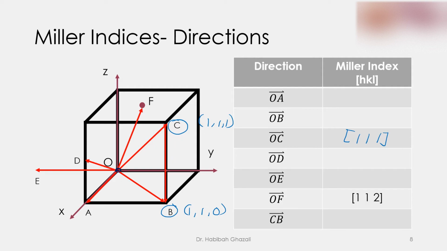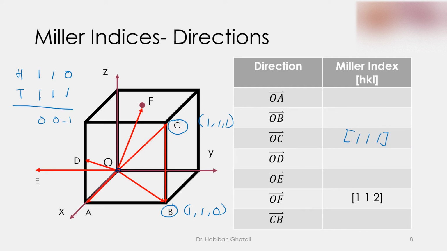To get the Miller indices, subtract the tail from the head. The head is 1, 1, 0. The tail is 1, 1, 1. So you subtract them, you get 0, 0, negative 1.